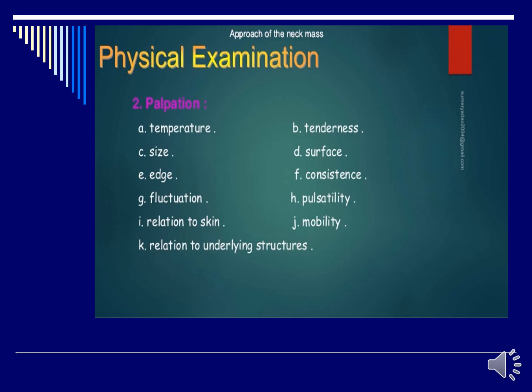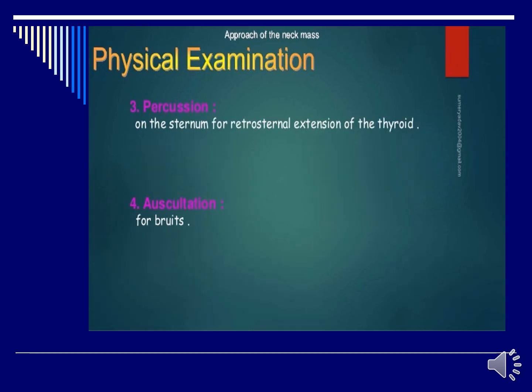And relation to the skin: fixation means lymph nodes may be fixed, meaning advanced stage of malignancy. Mobility: there is a type of tumor, the carotid body tumor, that can be moved medially and laterally but cannot move up and down. This is considered one of its diagnostic features.